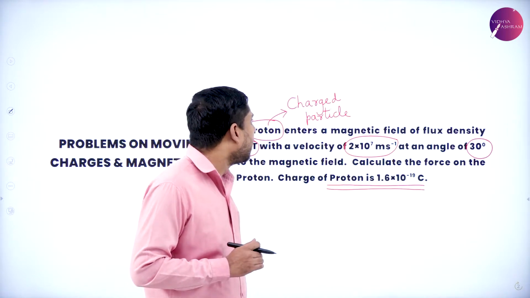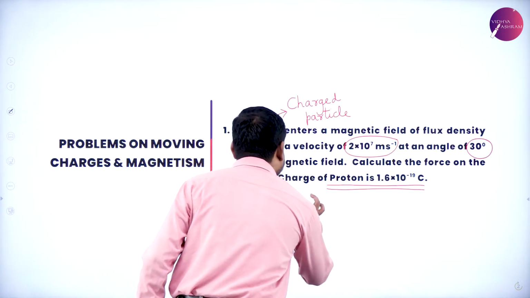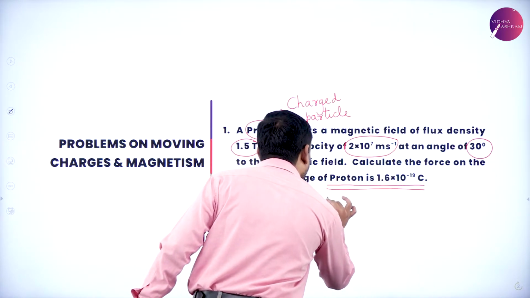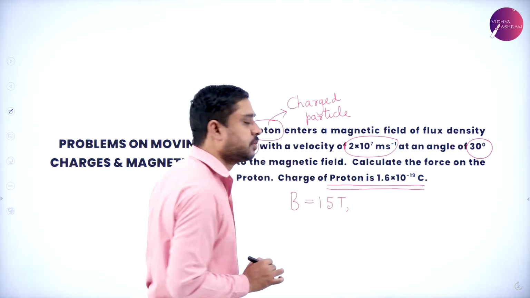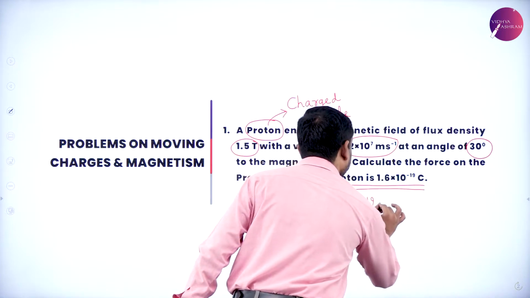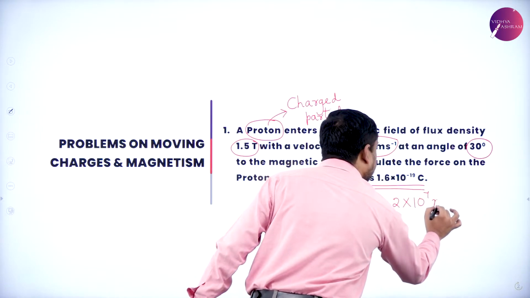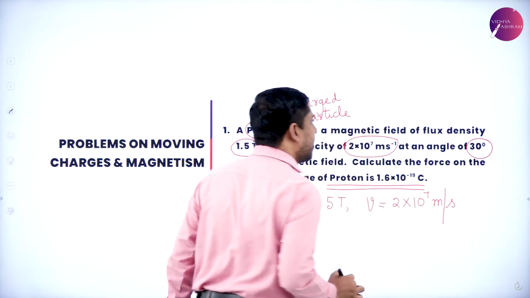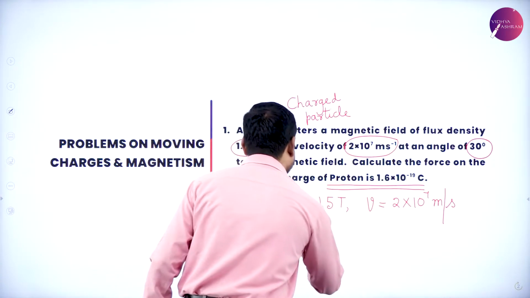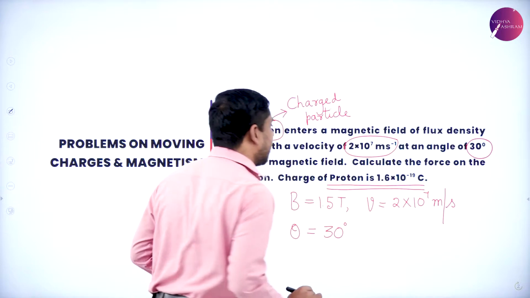So to collect the data, strength of the magnetic field is given, B, which is 1.5 Tesla. Velocity of motion is given, which is 2 into 10 power 7 meter per second, and angle of inclination is given, theta, which is 30 degrees.